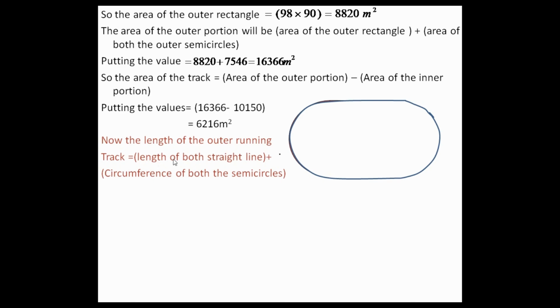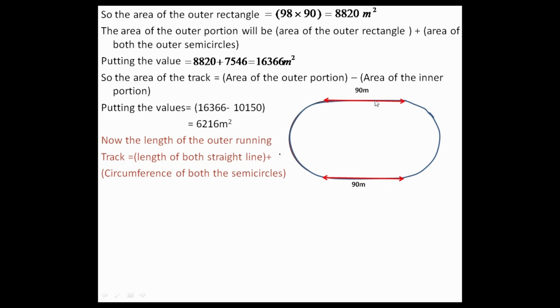I know the length of both straight portions of the track, which is 90 meter. And we are applying the same concept which we applied at the start of the solution. These 90 meters are also part of this whole perimeter, this whole outer length.